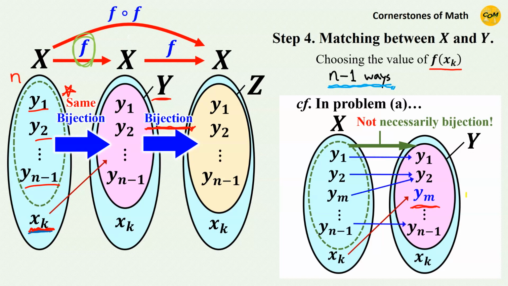Then it is also totally possible that y1, y2, up to y(n minus 1) correspond to only n minus 2 elements of y, excluding this ym. But in the second problem, that is impossible because the bijection relation was already established when we consider the second part of the function composition. Hence, the first part also must be a bijection. So that's the big difference.